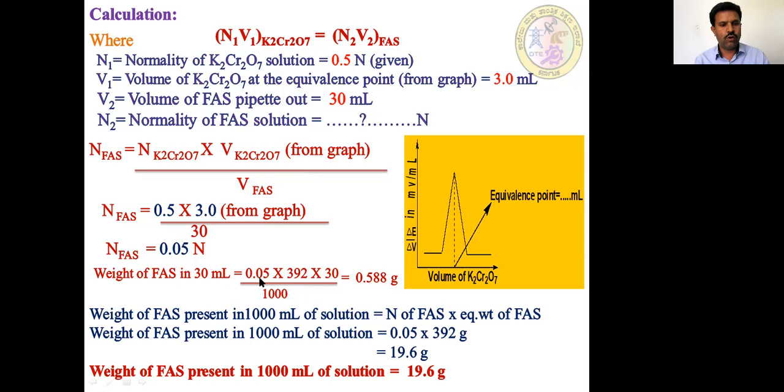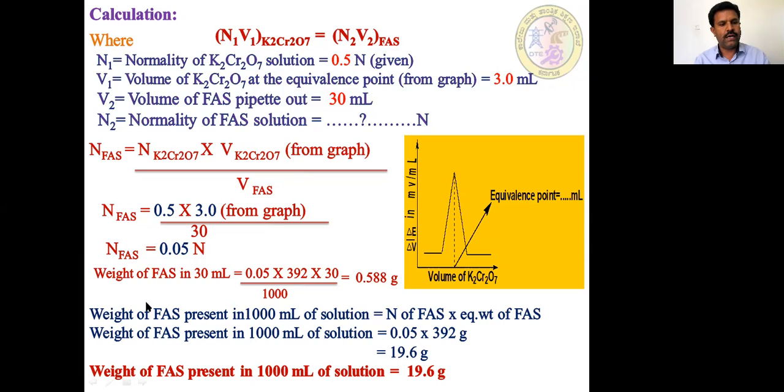So, the 0.05 normal solution concentration we identified, times the equivalent weight of FAS, 392, times the taken volume of ferrous ammonium sulfate, 30, divided by 1000. That gives 0.588 grams of ferrous ammonium sulfate present in 30 ml.